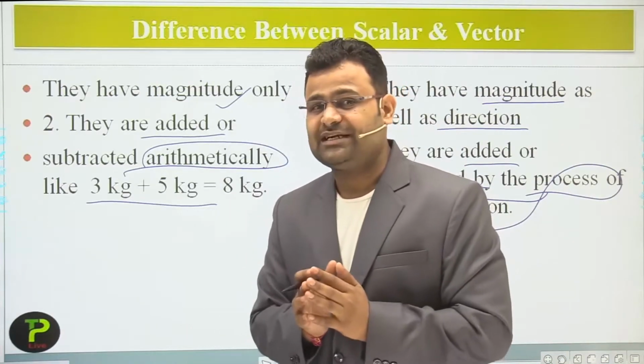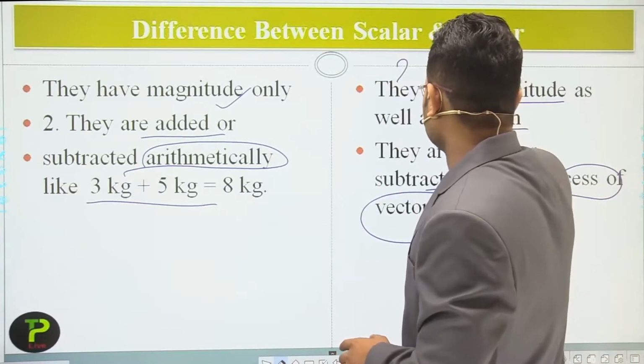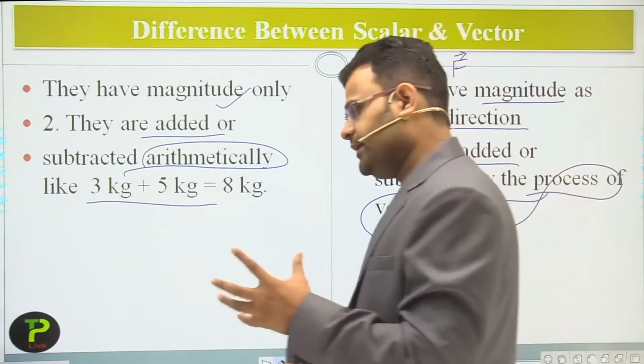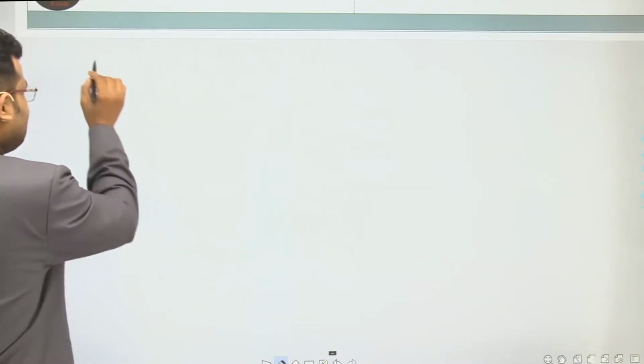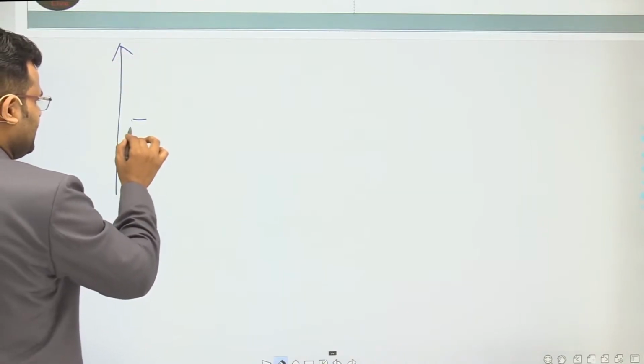How can you represent a vector? Yes, if the symbol of the vector is F, then that is a vector quantity. Okay. Dear students, if someone says please draw the vector of 5 meter north, yes, we can easily draw 5 meter north. Yes, that is 5 meter.